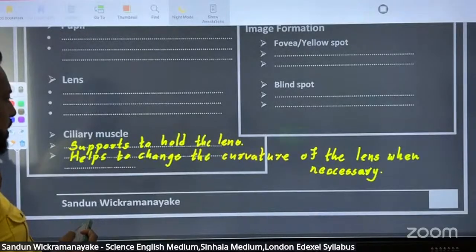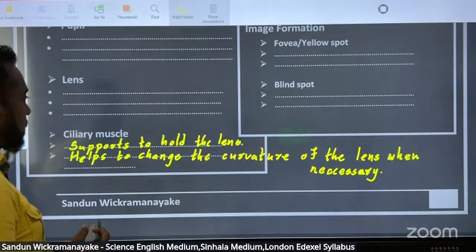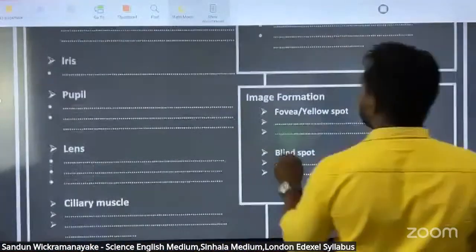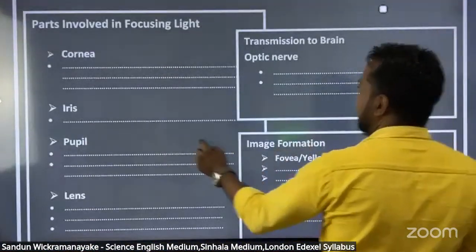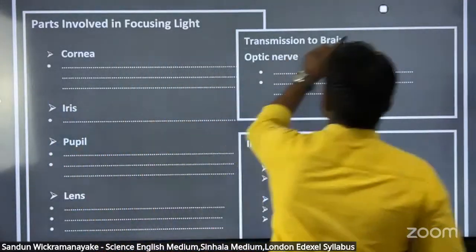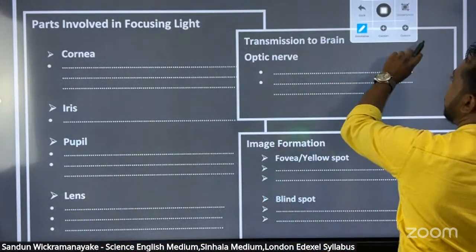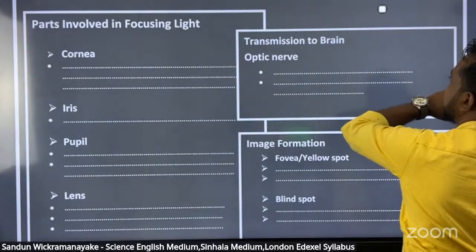Helps to change the curvature of the lens when necessary. The ciliary muscle. Okay. Final minutes. The transmission to the brain, the optic nerve.